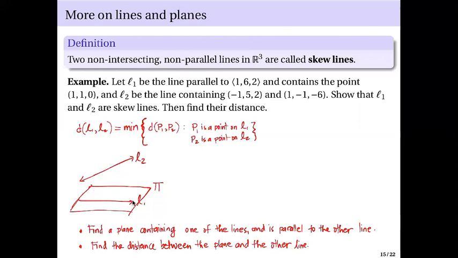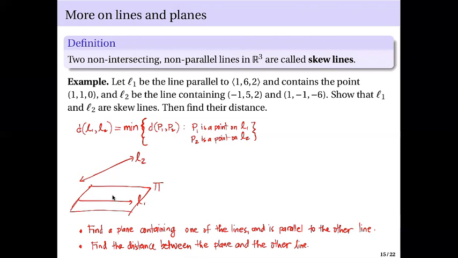There are infinitely many of them. But there's only one plane which will contain L1 and is parallel to L2. That's what we need. So we need to find that plane.